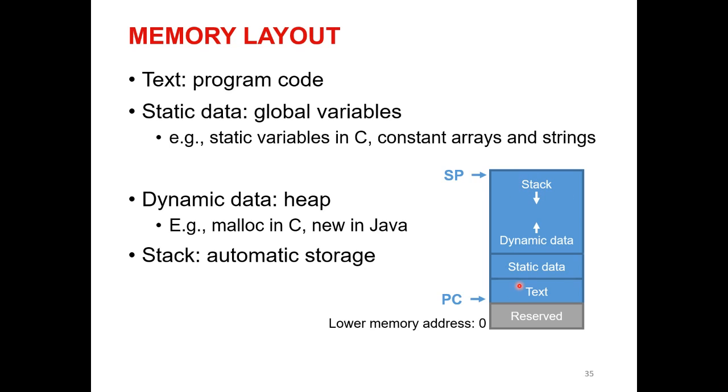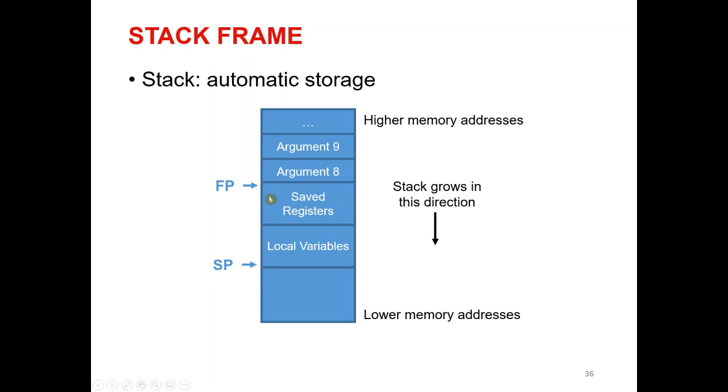Because the lower addresses are used by the program and other things, in order to have it in a different place, we just start from the top, and both the stack pointer and the frame pointer grow down. If I use some space here, I will modify this pointer and it will point here. And similarly for the frame pointer, if I'm using this space for my procedure and then I have another procedure here, this frame pointer will grow down in the direction from up to down.